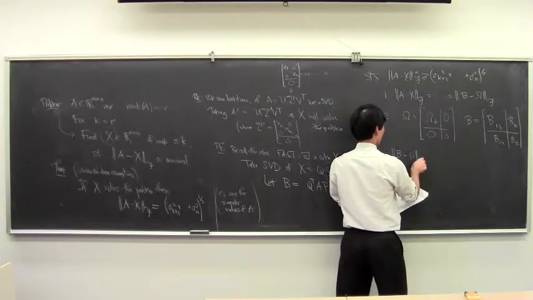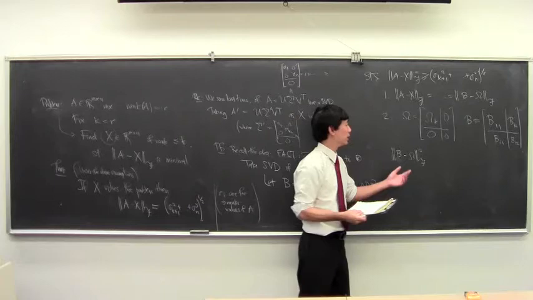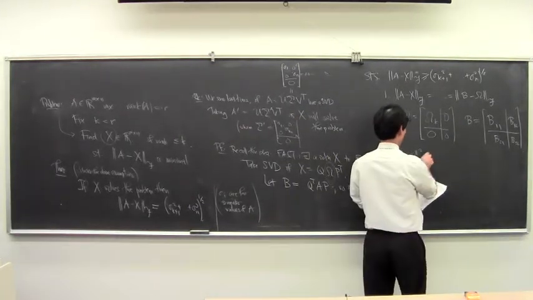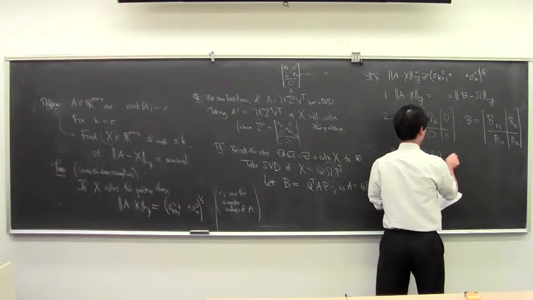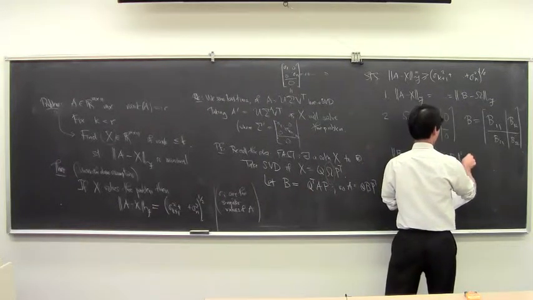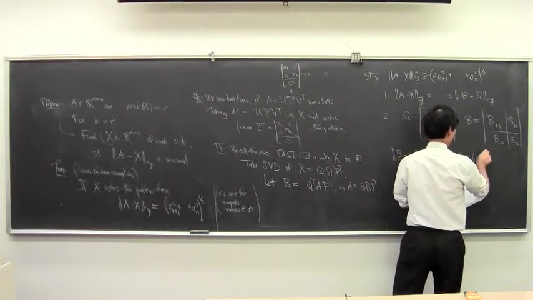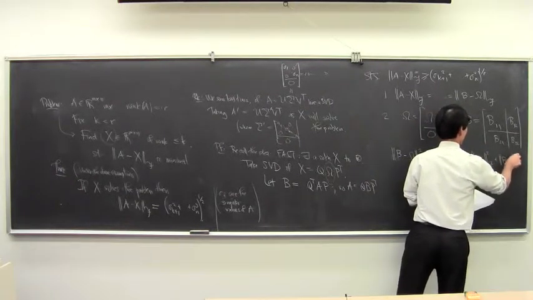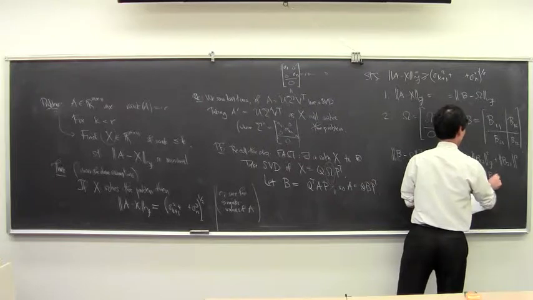Okay, and then using that notation, we remarked that B minus omega, the distance from B to omega in Frobenius norm squared, was omega k minus B11 squared plus B12 squared plus B21 squared plus B22.